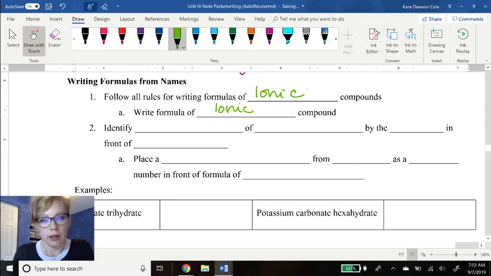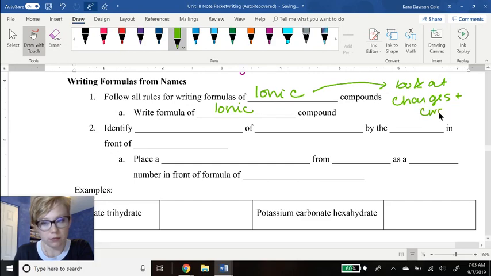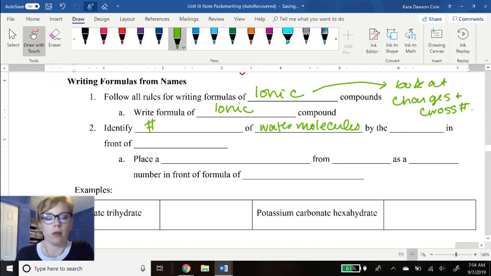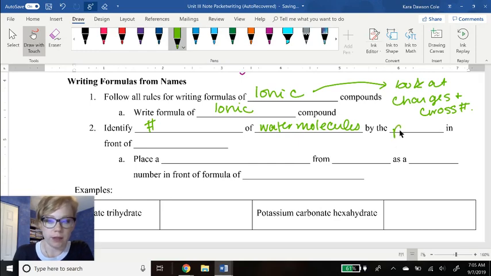And for ionic compounds, we look at the charges and cross the numbers. So you're just crossing the number, you're not crossing the charge. So you're going to identify the number of water molecules by the prefix in front of hydrate.